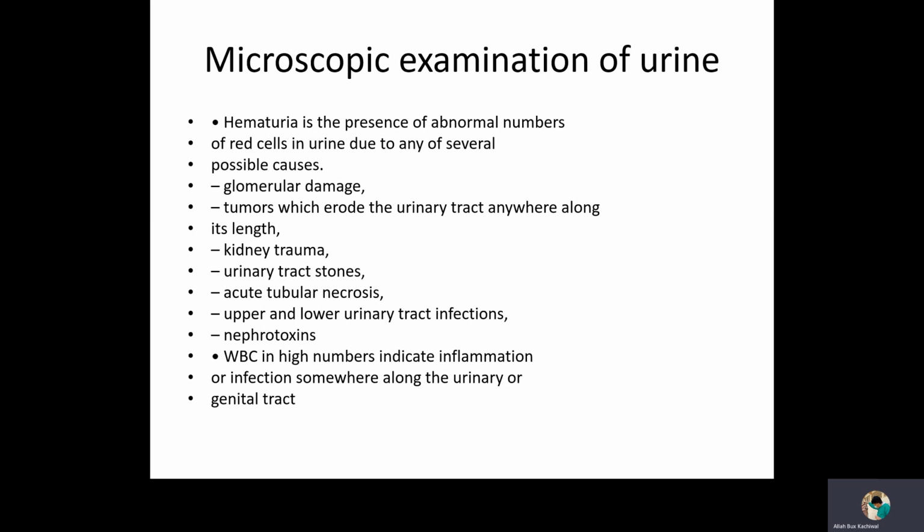Hematuria is the presence of an abnormal number of red blood cells in urine due to several possible causes like glomerular damage, tumors which erode the urinary tract anywhere along its length, kidney trauma, urinary tract stones, acute tubular necrosis, upper and lower urinary tract infections, and nephrotoxins. WBCs in a high number indicate inflammation or infection somewhere along the urinary genital tract.